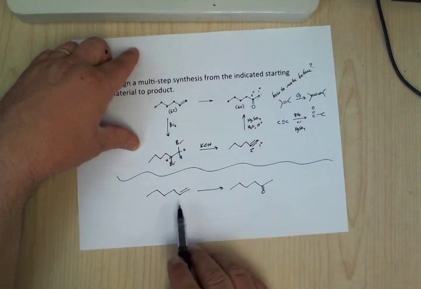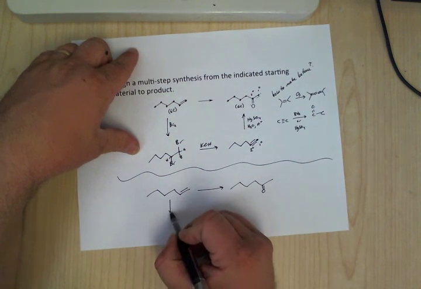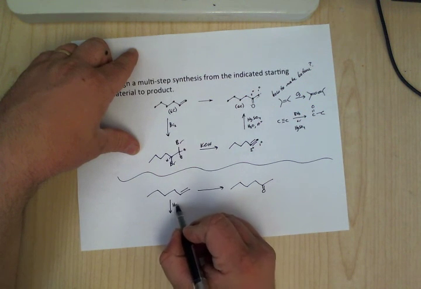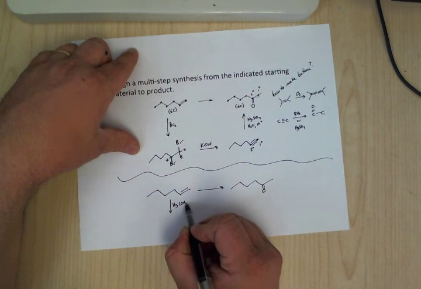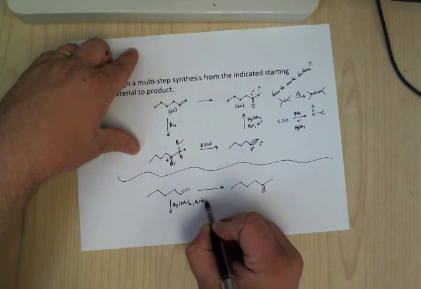We need to put an oxygen there. So how do we put the oxygen on the more substituted side? We do the mercury. You could do mercury sulfate, mercury acetate, doesn't matter, with H plus.